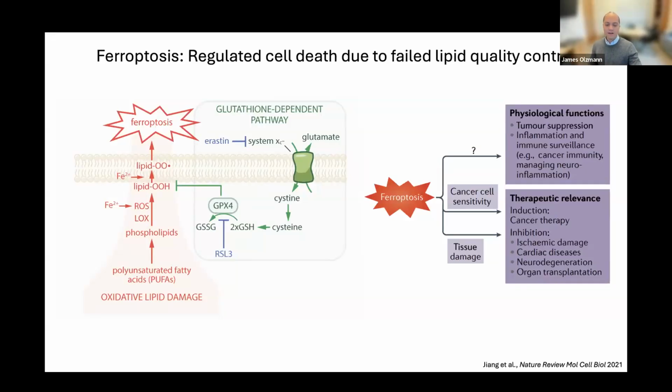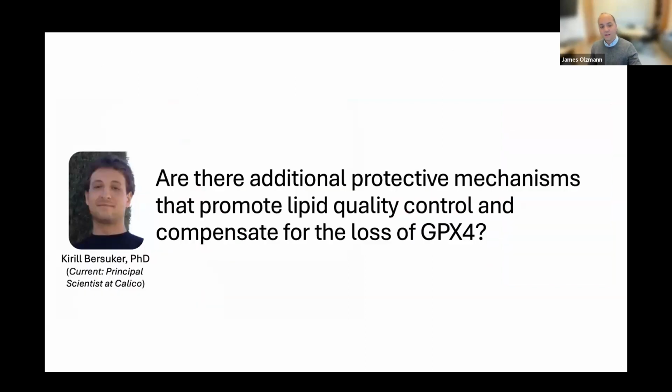And this suggested that there must be additional protective mechanisms that prevent ferroptosis. And so this gave rise to this question that was tackled by a former postdoc in the lab, Carol Berzuker, who's now a principal scientist at Calico. And he was interested in asking, what are these additional protective mechanisms that can promote lipid quality control and compensate for the loss of GPX4?